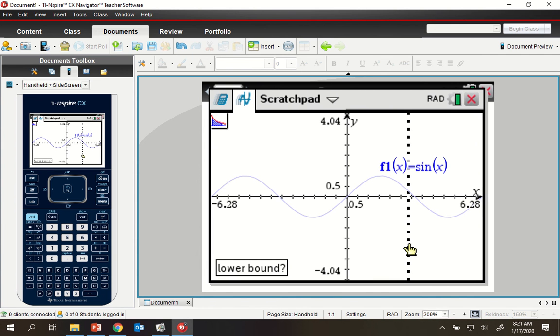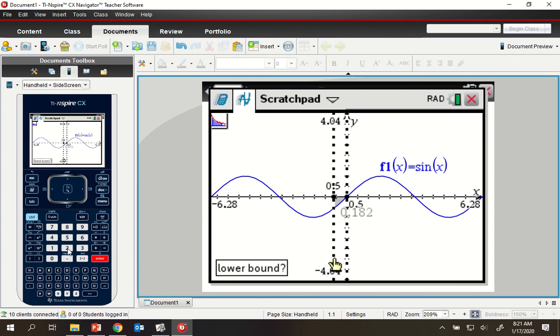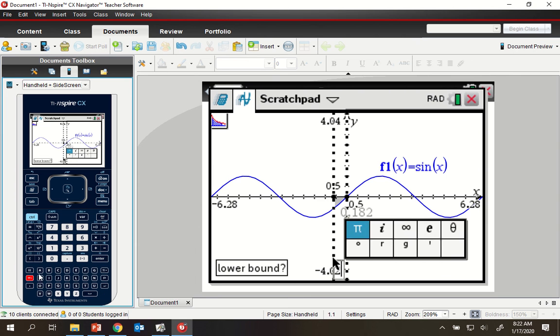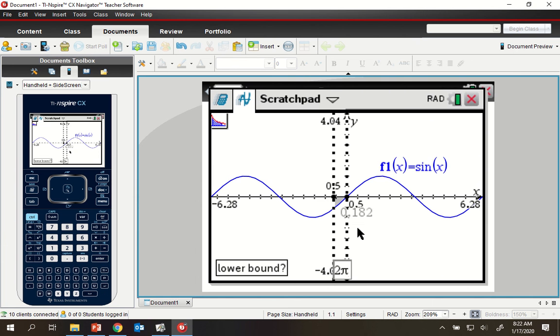So let's just plug in the number. I want from 0, so enter 0. Just hit the number 0 and hit enter. And upper bound would be 2 pi, right? So upper bound, I'm just going to go 2 pi, hit enter.